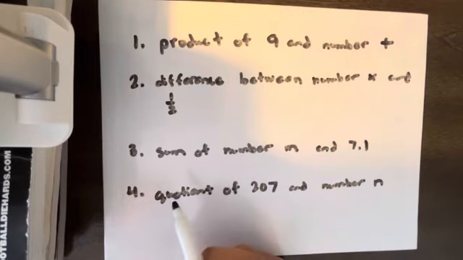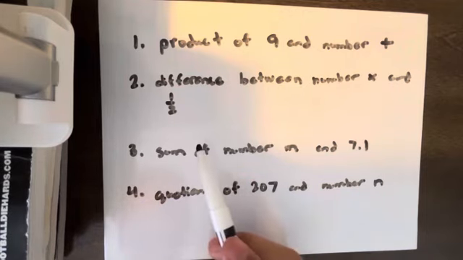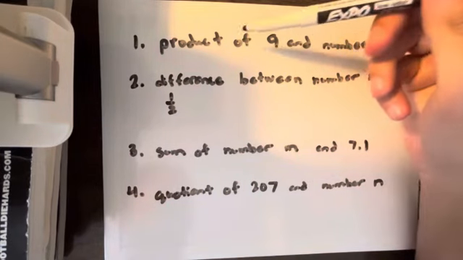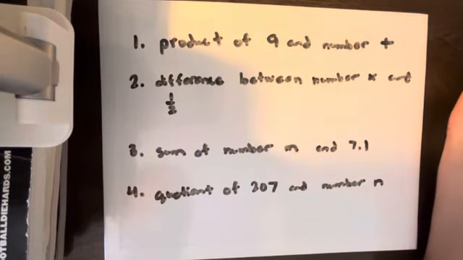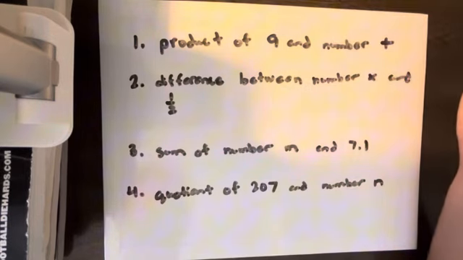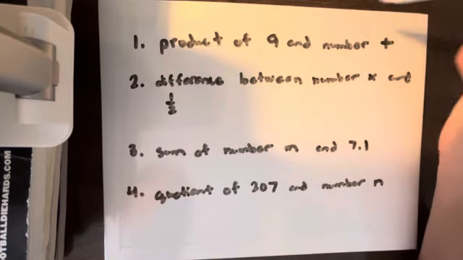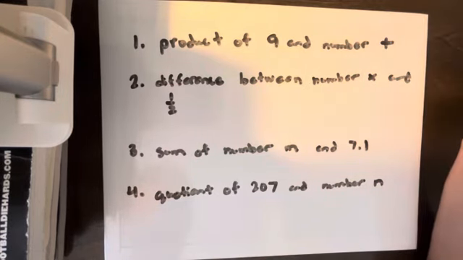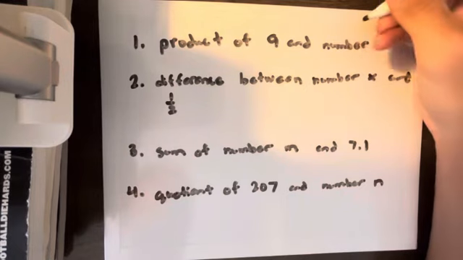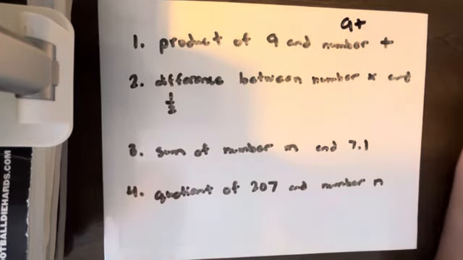So the first question here, it is the product of 9 and a number t. Key word here is product. That symbolizes multiplication. So we're going to have to multiply 9 and the number t. So our answer, 9t.